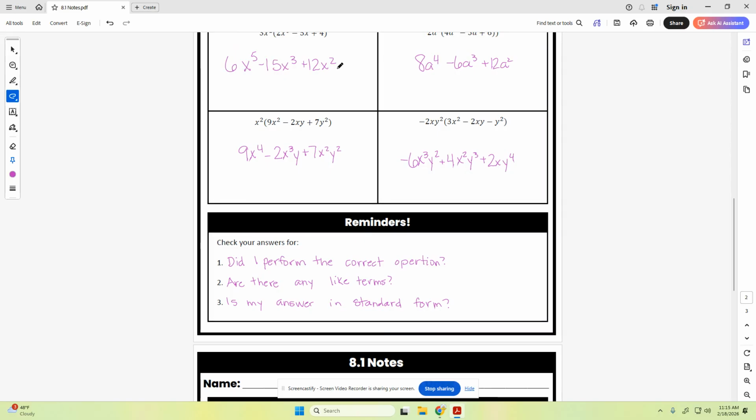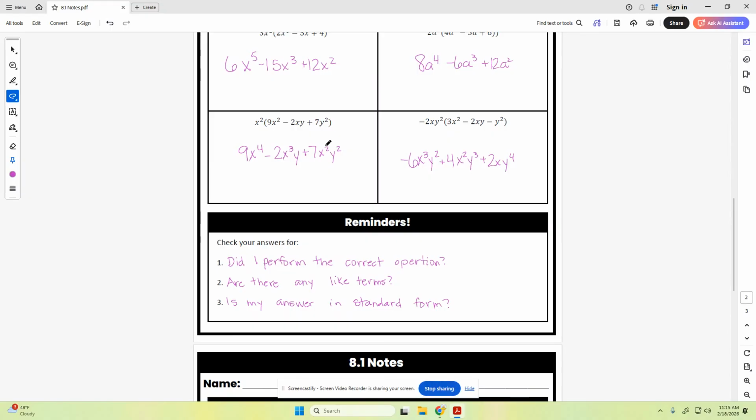And so when I have only 1 variable, I want my variables exponents to be in descending order. So this exponent of 5 was the largest, so that one comes first. Then the 3, then the 2. Same thing happened with the a's. There's only 1 variable. I want them in descending order by exponent, so the 4, then the 3, then the 2.